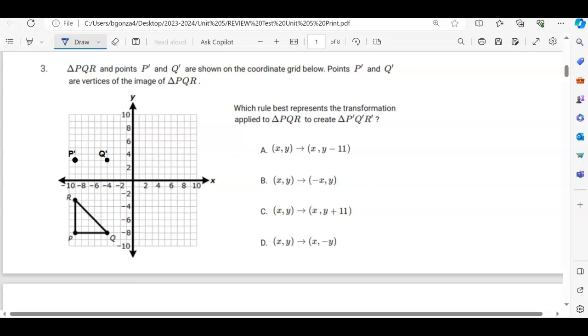But if it reflected, you would look from here. This is 1, 2, 3, 4, 5, 6, 7, 8, right? To reflect, you'd have to go up 1, 2, 3, 4, 5, 6, 7, 8. Like the points would be up here for P and Q if it was a reflection. Okay. So here's my question: are the points there? No. So it cannot be a reflection.